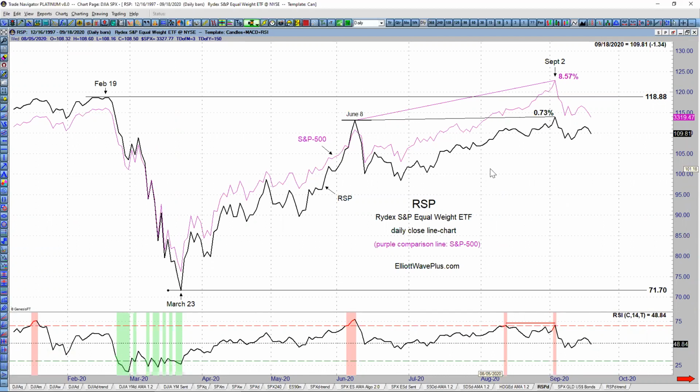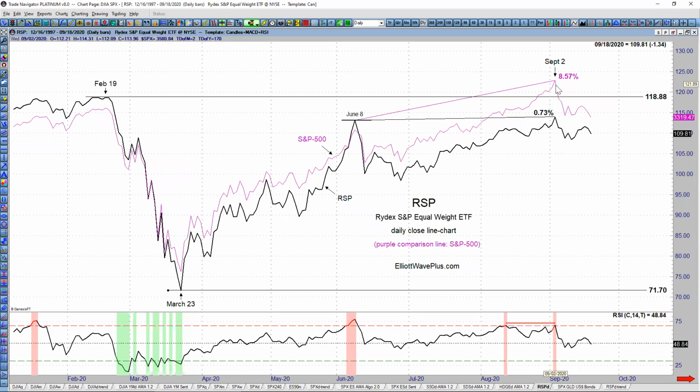Here's an interesting one that shows the difference between, you remember how the largest cap stocks, the large cap tech were dominating the S&P, which is market cap weighted, and it causing it to outperform an even weighted S&P, and that all ended on September 2.